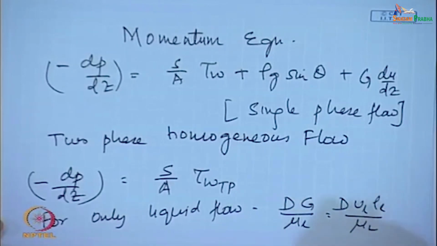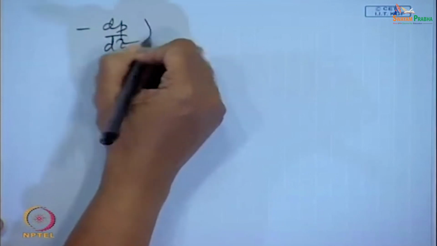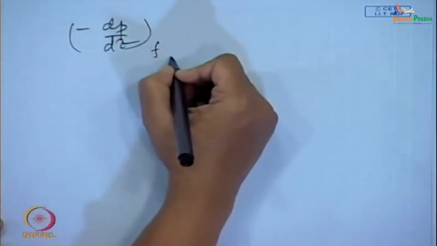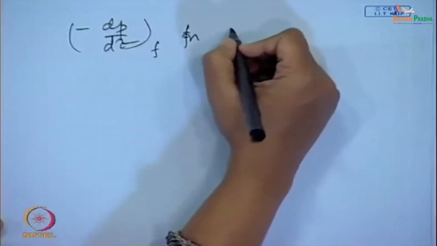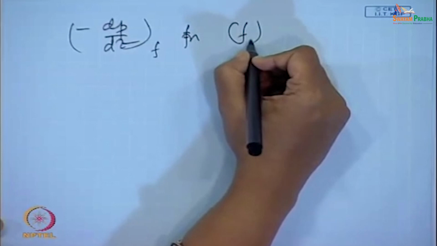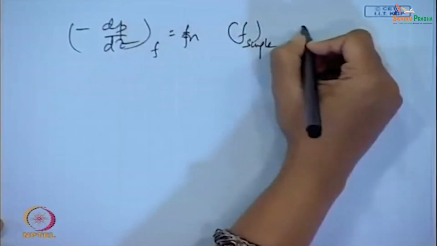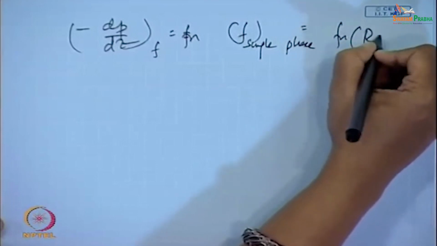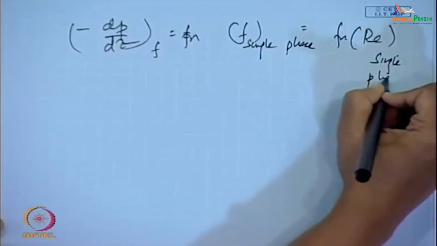For two phase flow, then naturally what happens, the frictional pressure gradient dp dz, say frictional, for single phase flow is nothing but a function of the friction factor single phase, which is a function of Reynolds number single phase, right.